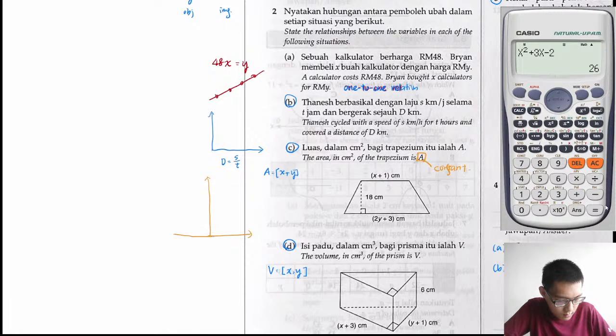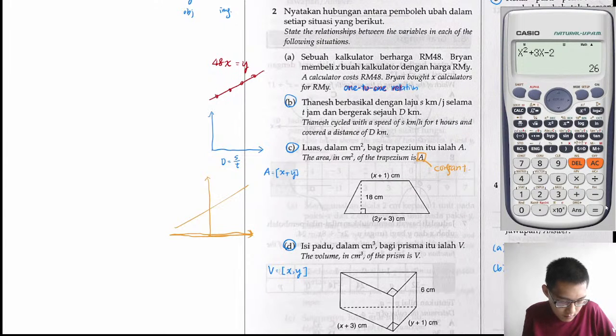Okay, so let's say if x is positive, how about the y? Because x and y are linear, that means it's 1 to 1.